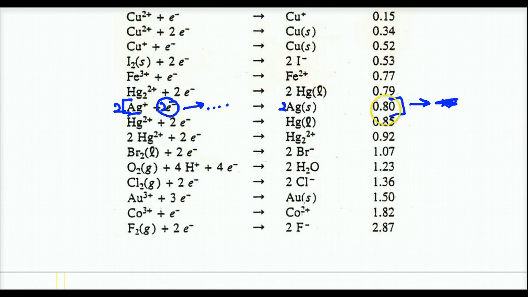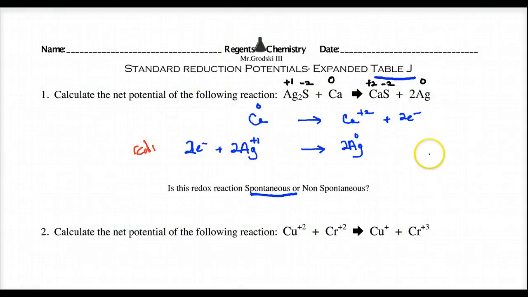It has a positive 0.80 voltage, so a voltage you would never double by trying to balance the electrons. It is a pathway that's set. It's a physical intensive property based on how well silver itself can gain electrons, based on its electronegativity and all the other things we've talked about throughout the year. So 0.8 volts is what we need there. So I write there 0.80 volts.